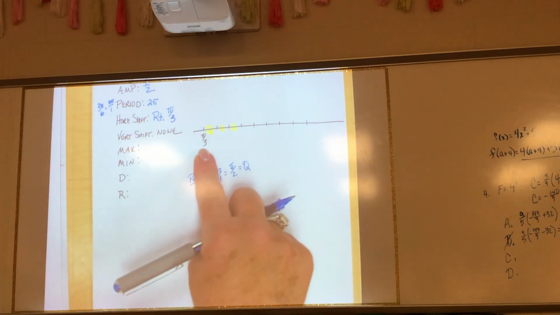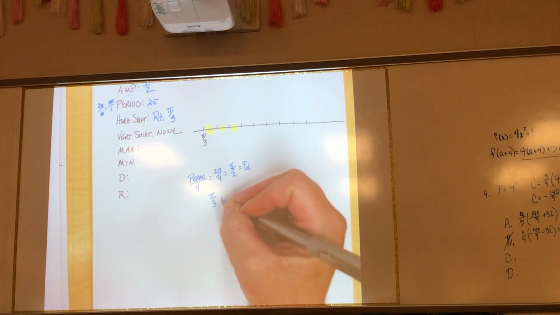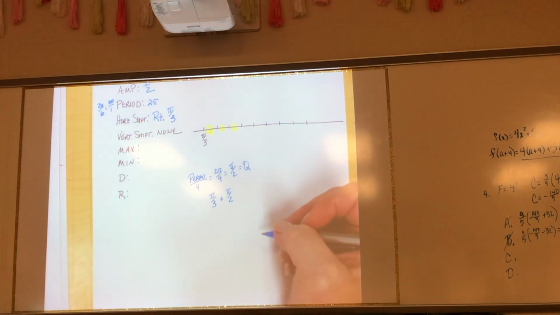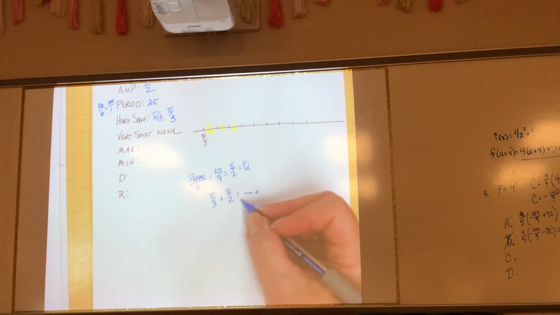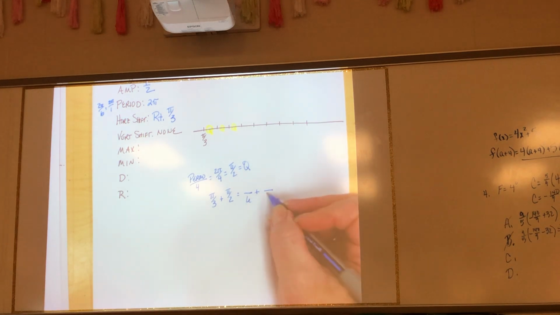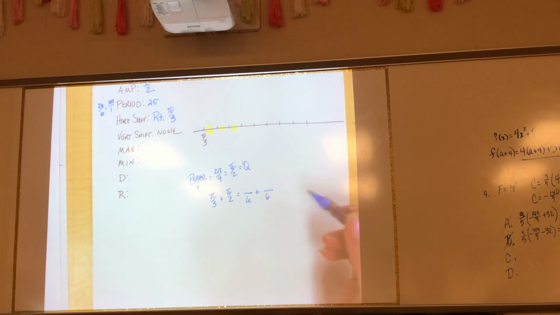Okay. So I'm going to take my first key point, pi over 3. And I'm going to add pi over 2 to it. Well, in order to add these fractions, what do you have to have? Common denominator. What is a common denominator between 3 and 2? 6. So I'm going to put them both over a 6. Normally I would write them over one 6, but because I want you to see something, I decided to separate them.